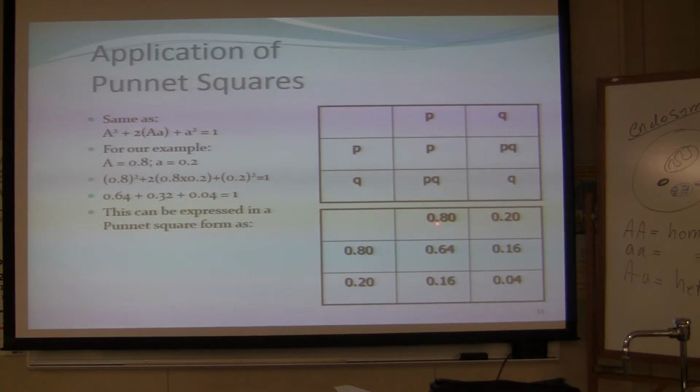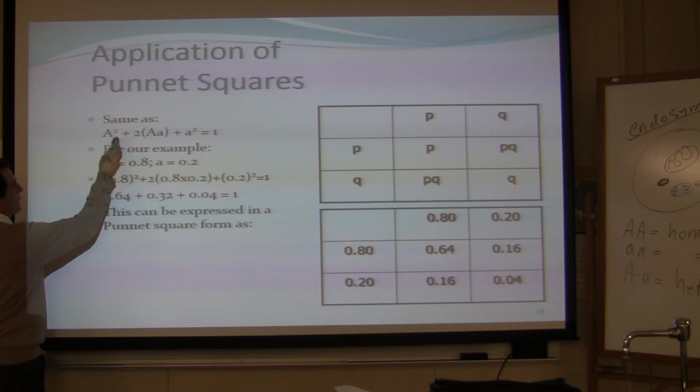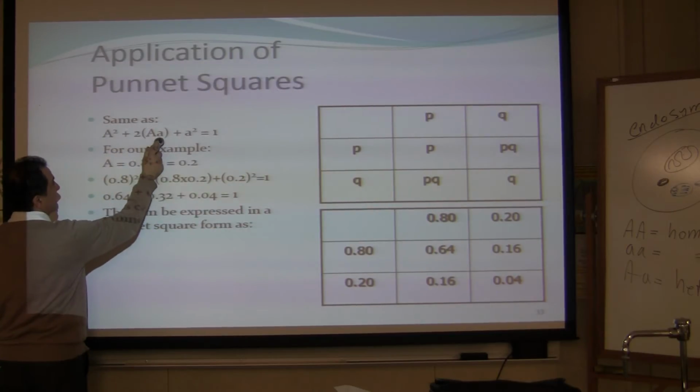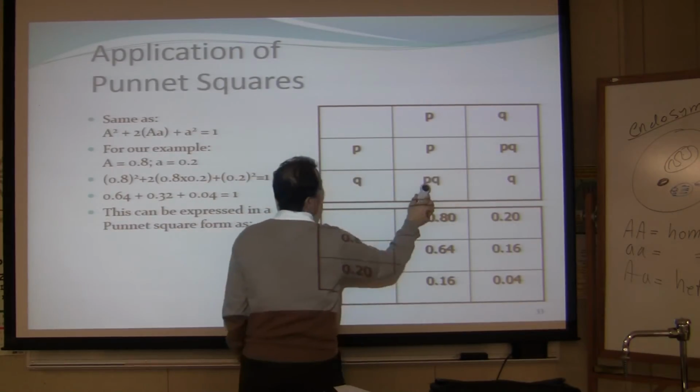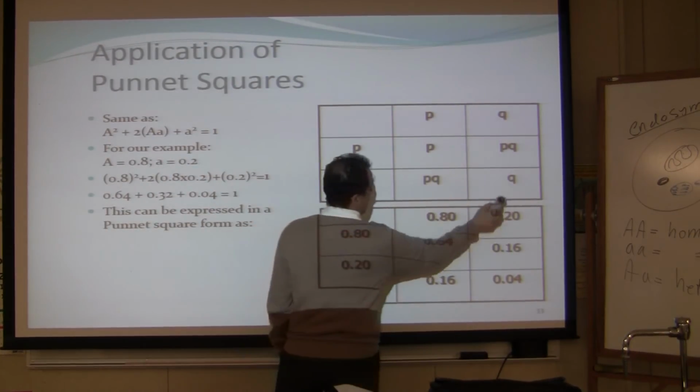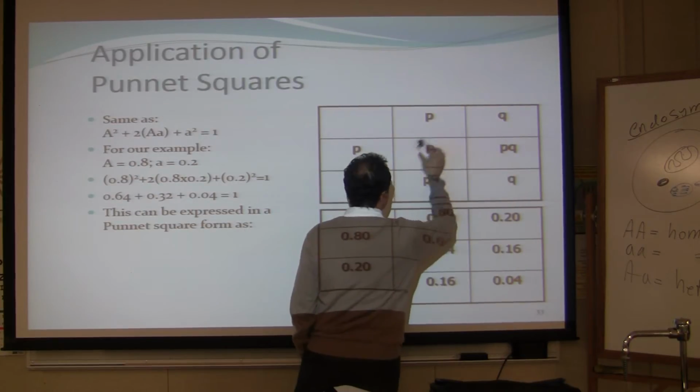And then you put numbers in there, 0.8, 0.2, 0.8, 0.2. 0.8 times 0.8, that is P squared, 0.64. 0.8 times 0.2 is 0.16. 0.2 times 0.8 is 0.16. And 0.2 times 0.2 is 0.04. You all agree? And this is the Hardy-Weinberg equation: capital A squared plus 2 capital A small a, plus small a squared.